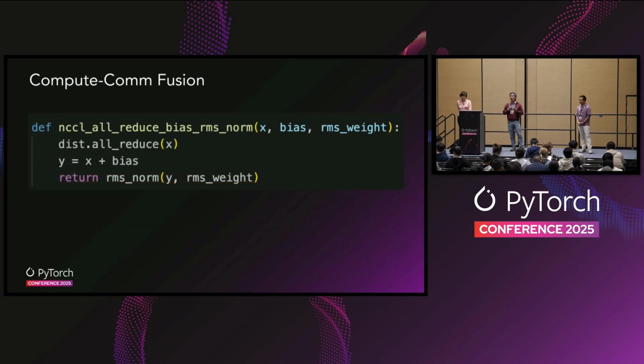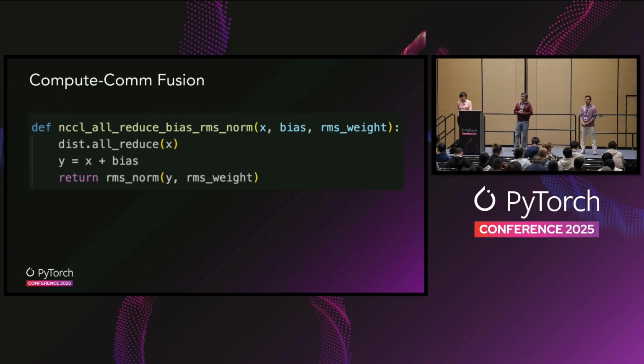let's see how we can actually apply Triton and symmetric memory to a real use case. This code snippet is extracted from a real model. It first performs all-reduce, then adds a bias to the result, and finally performs RMS norm. A pretty simple function.